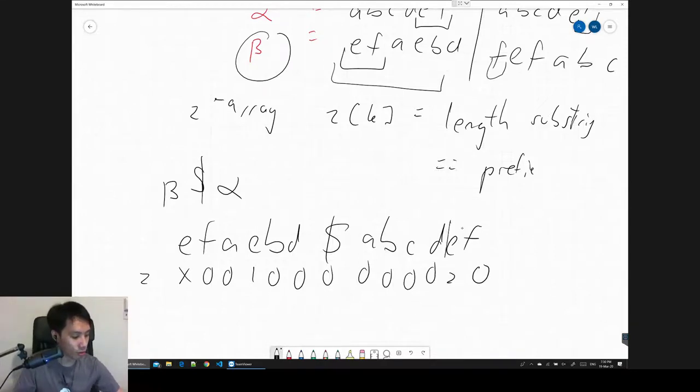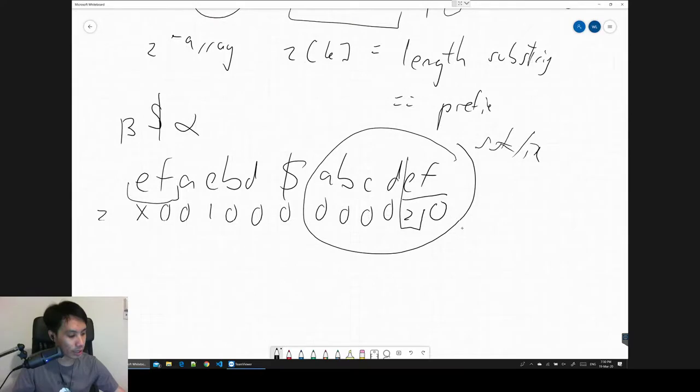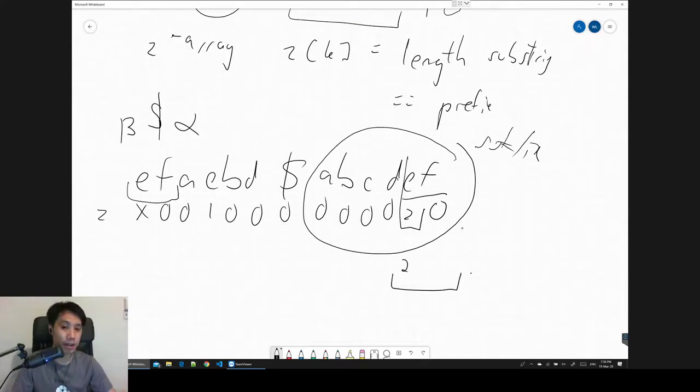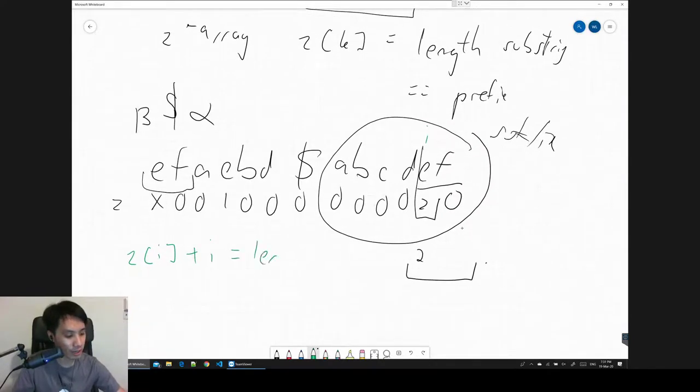And I know from the number here, my next two characters will be the same as my prefix. But because I am looking for suffix, I need to ensure the number 2 will reach the end of the list. So if I were to say it will be i, so Z at i equals 2, then Z of i, which is 2, plus i should be the length of my alpha.